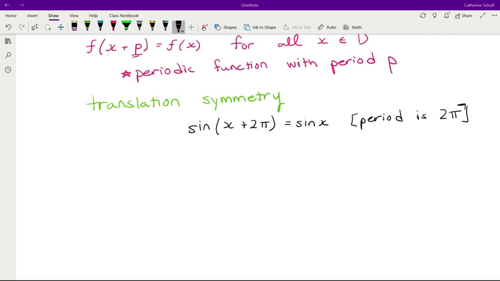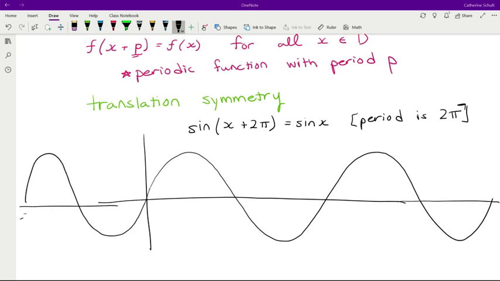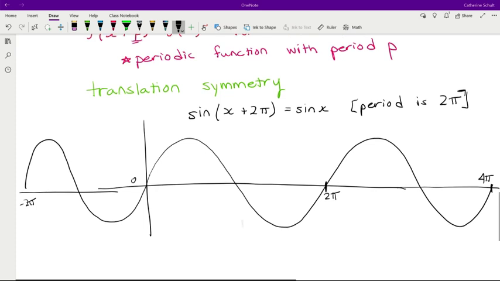So when we are graphing a sine function, we're going to want to show that translation symmetry, and how it repeats every 2 pi. Okay, so something like that. That's something we'd want to show in our curve sketch.